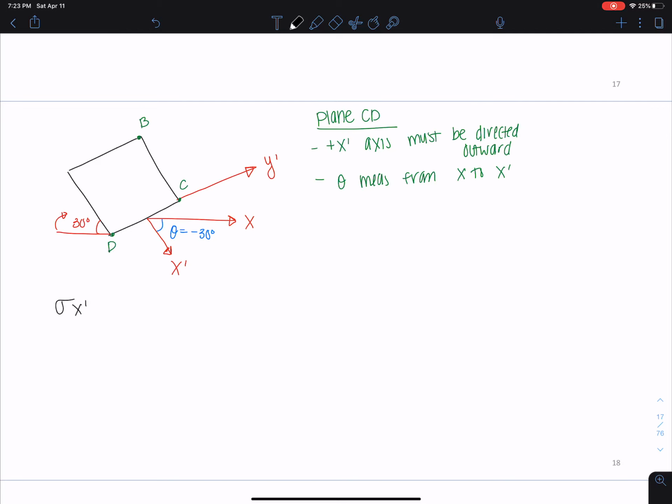So we have sigma x prime. I'll rewrite it here so we can see what we're plugging in everywhere.